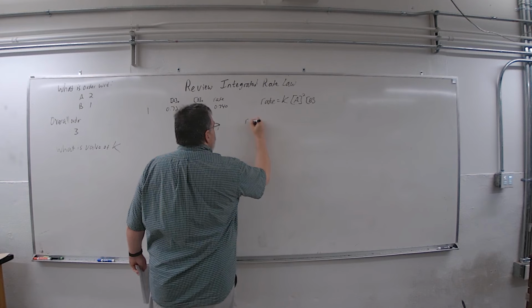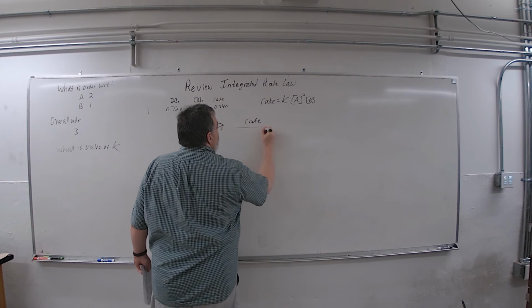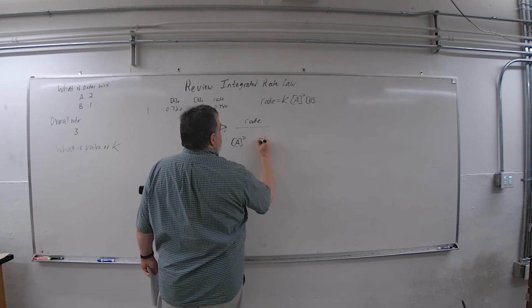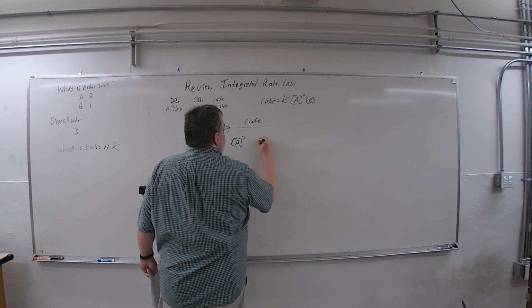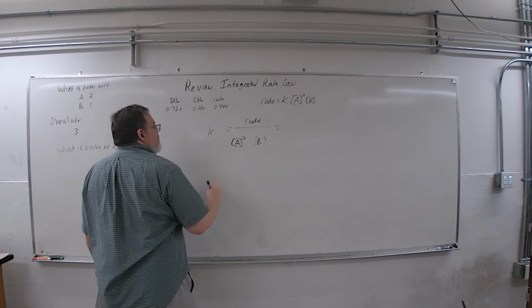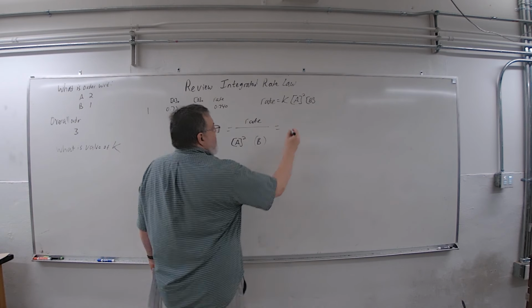So we're really looking for rate divided by A squared times B. That equals k. Divide both sides by this.